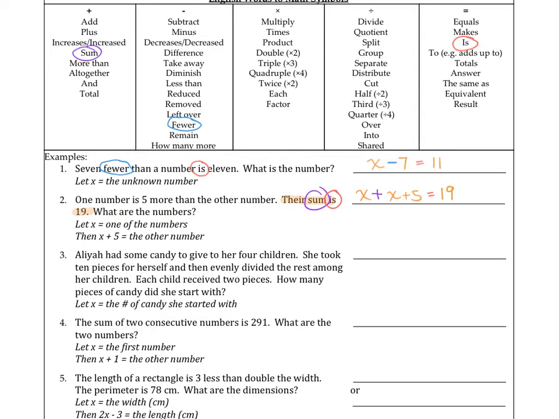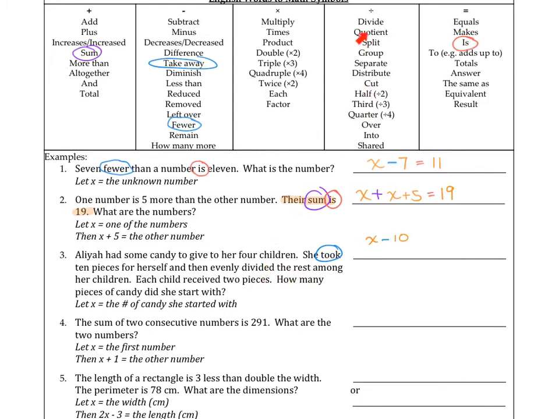So we're going to be starting with x. And it says she took 10 pieces for herself. So took is the same as take away. She took 10 pieces for herself. So that means she's going to take away 10 pieces and then evenly divided the rest among her children.